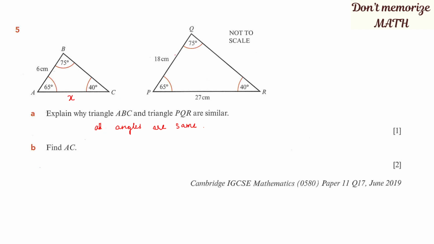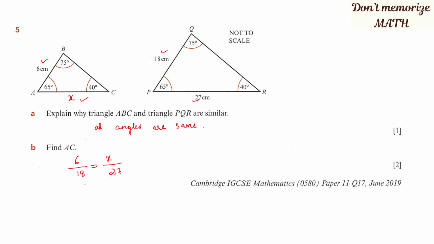These two sides are corresponding, and BC and QR are corresponding, AC and PR are corresponding. So if you take the ratio of corresponding sides, they will be equal. That means 6 over 18 equals x over 27.